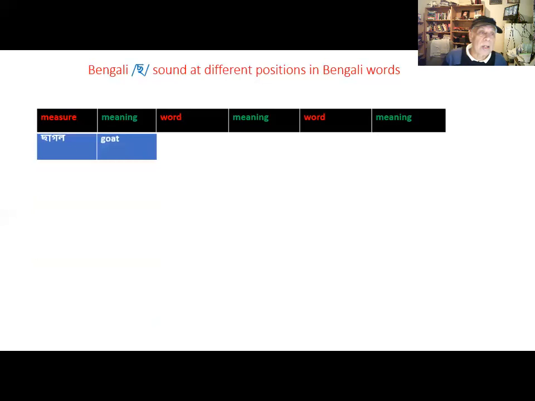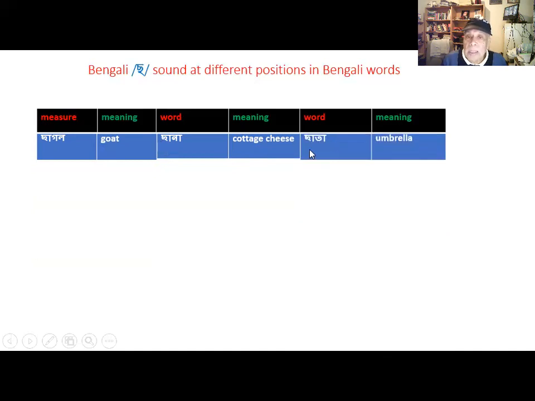Okay, the first word is chhagol, which means goat. Chhana means cottage cheese. Chhata means umbrella.